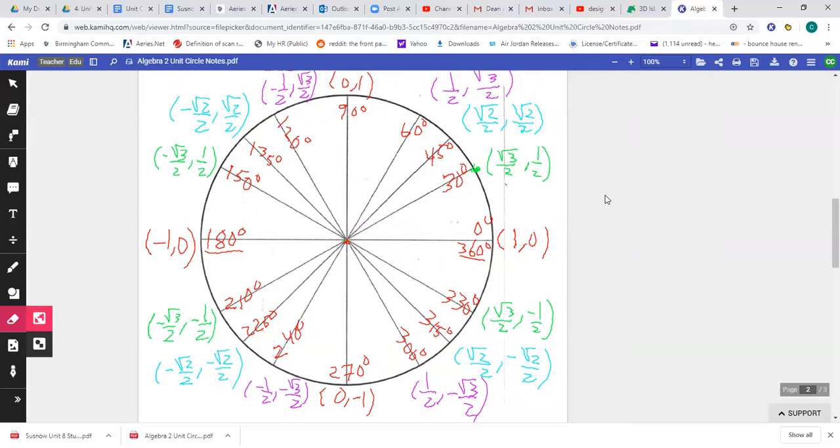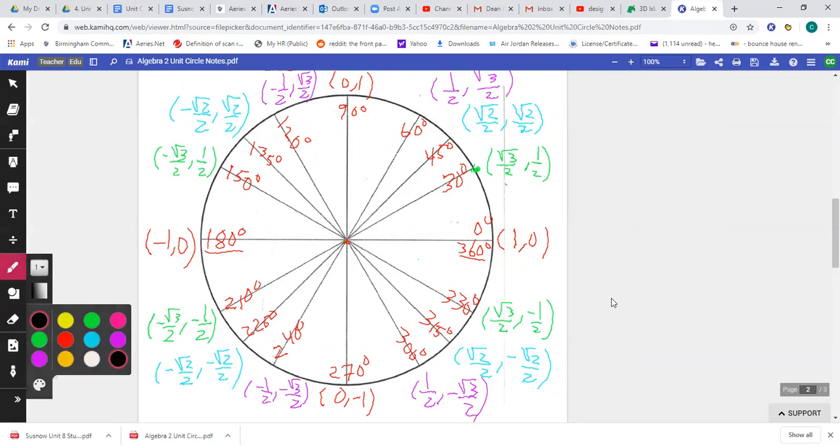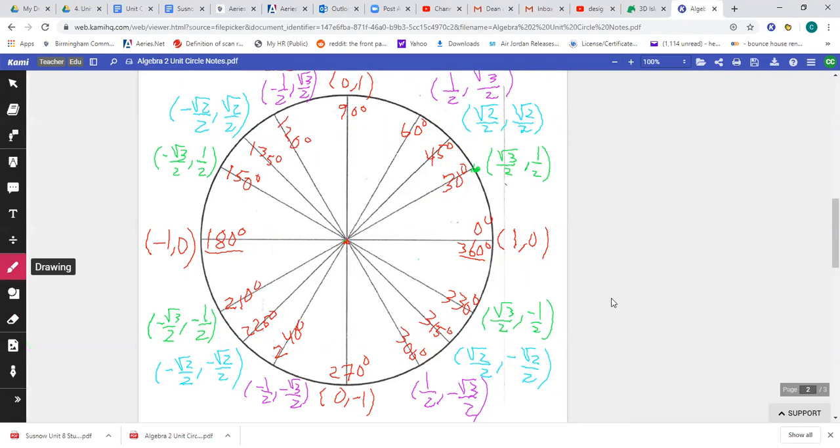Now, one more thing. You see how we divide the circle into 4 quadrants? We actually name the quadrants with different numbers, and we use Roman numerals here. So we start here, and then we go counterclockwise. So that's how we number them.